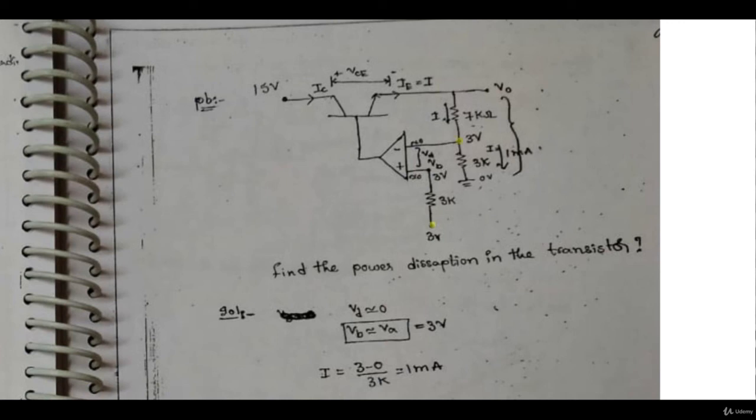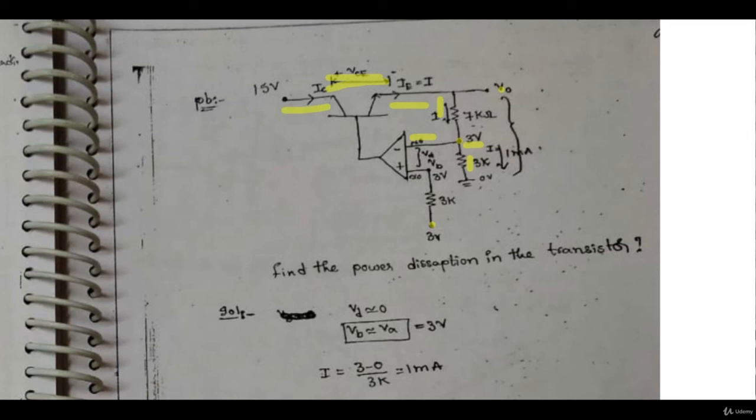Once this is 3 volt, you can calculate the value of V0 by voltage division. Once you have V0, you can calculate the voltage difference, and since you know this voltage is 3 volt, you can calculate the current across it: 3 minus 0 divided by 3k. The same current will flow here because the op amp will not draw any current.